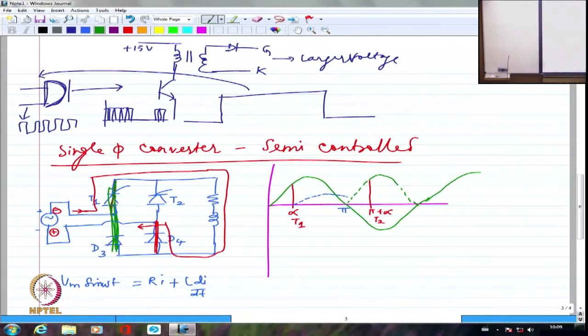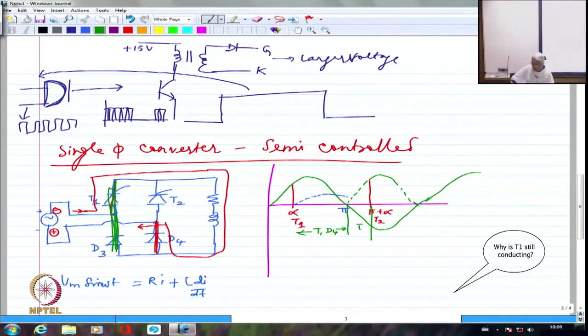So the source is completely eliminated. The source is out of circulation. It is not there in the picture at all. So if I look at it from here to here, it is going to be T1 D4. T1 is already conducting.